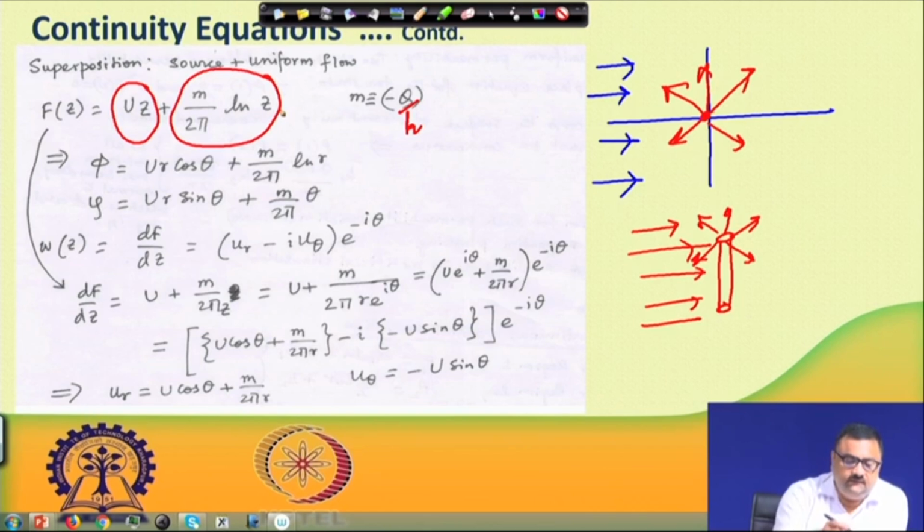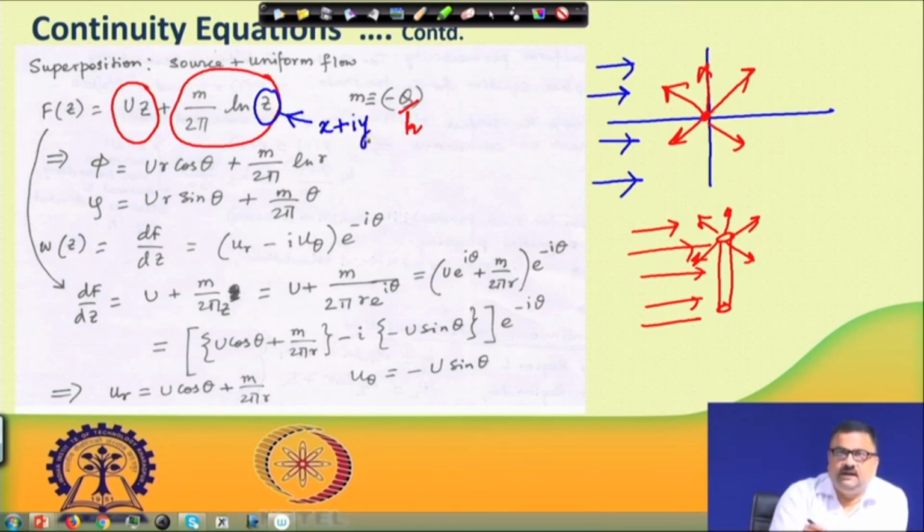So, in this case, if we sum them up, we can see here, first of all, this z would be broken down into, as we had done in our earlier lecture, x plus i y.